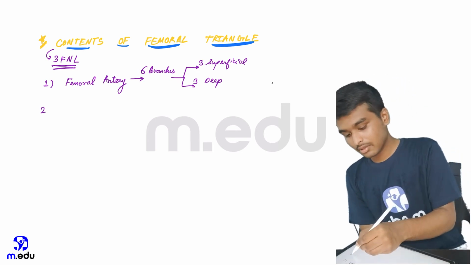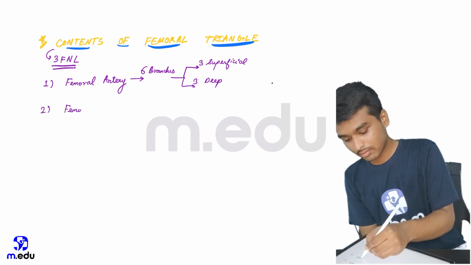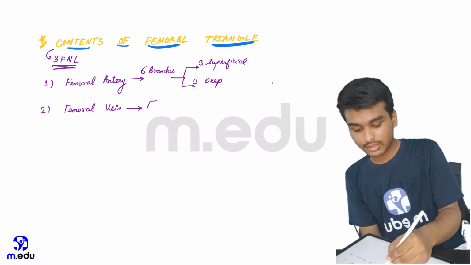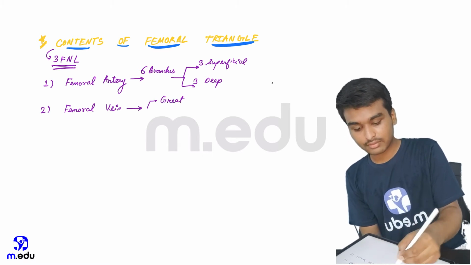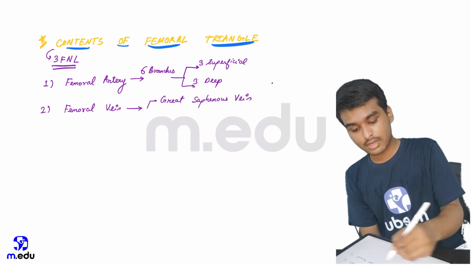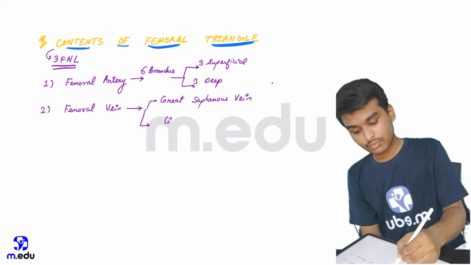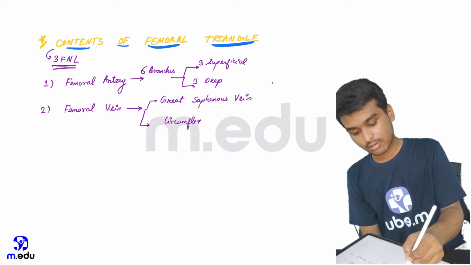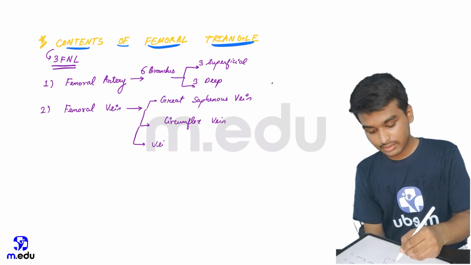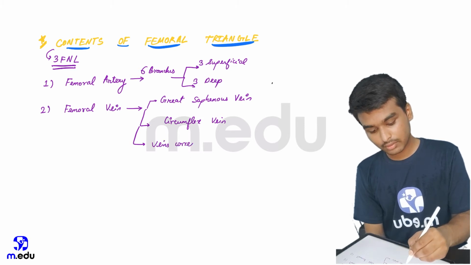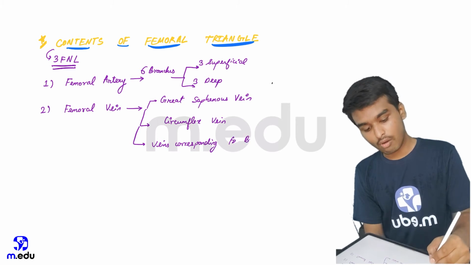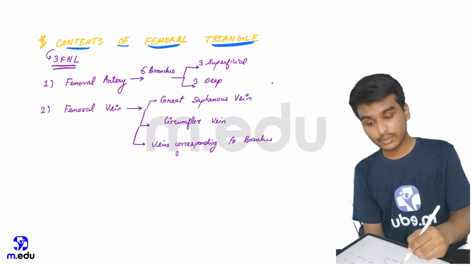Next is the femoral vein. Femoral vein has 3 tributaries, namely the great saphenous vein, the circumflex vein, and the third one is the veins corresponding to the branches of femoral artery.